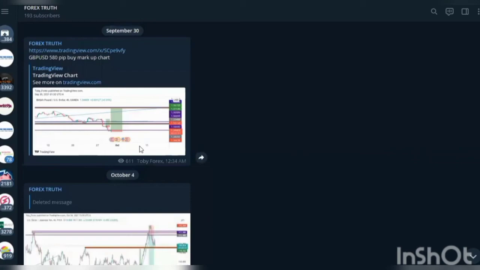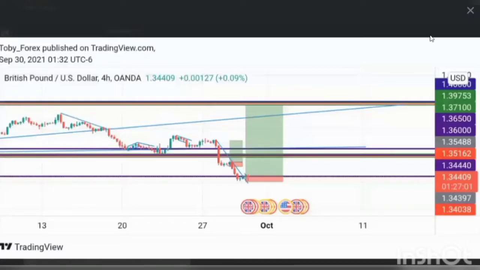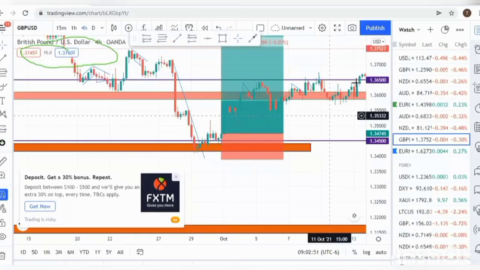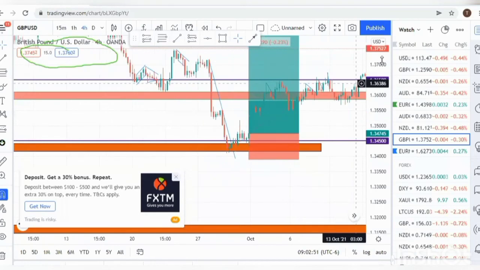So this is it on my Telegram community, but the analysis is not all that clear there. As you can see, the trade is GBPUSD, 580 pip markup chart. That's basically it. And guess what? The market is very close to our take profit.